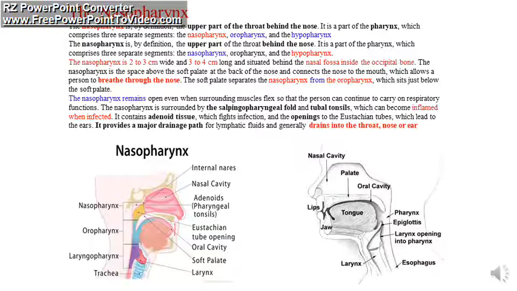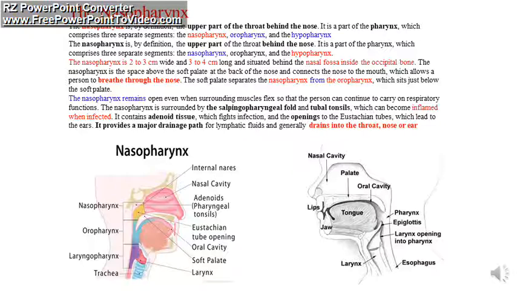While the nasopharynx defines the upper part of the throat behind the nose. It is a part of the pharynx, which comprises three separate segments: nasopharynx, oropharynx, and hypopharynx or laryngeal pharynx. You see, so that is the part.